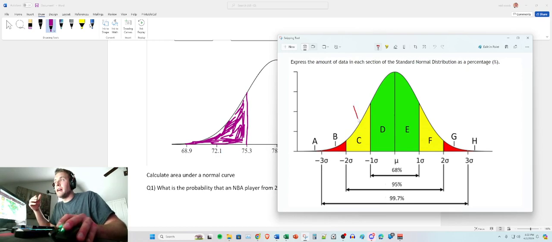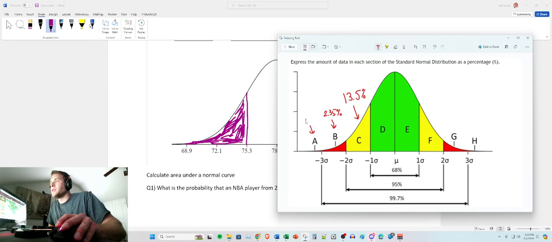Yesterday, we had identified that area C was 13.5%. We've learned that B was 2.35%. And A was 0.15%.